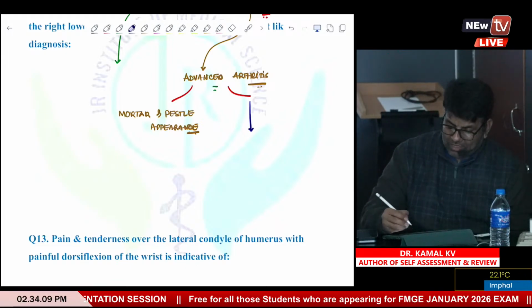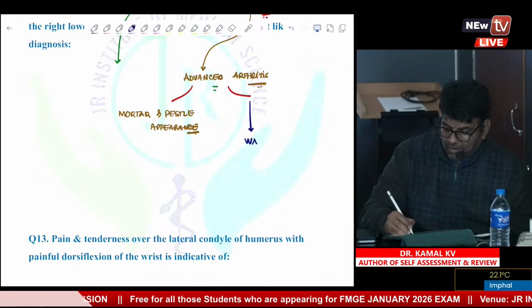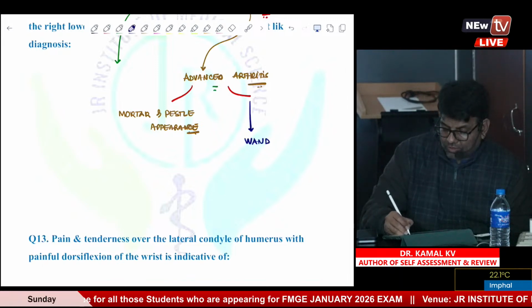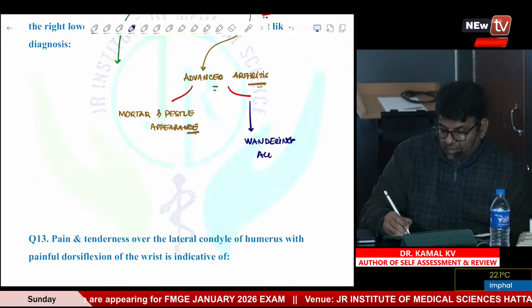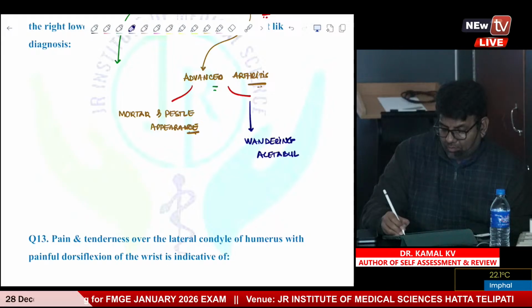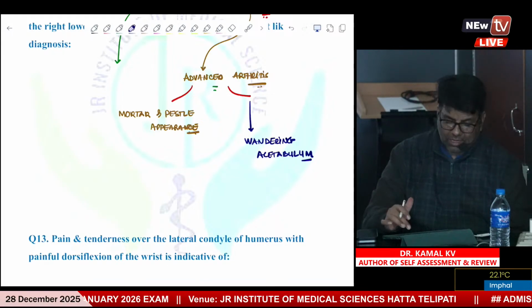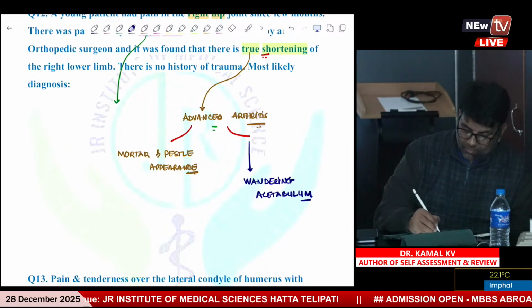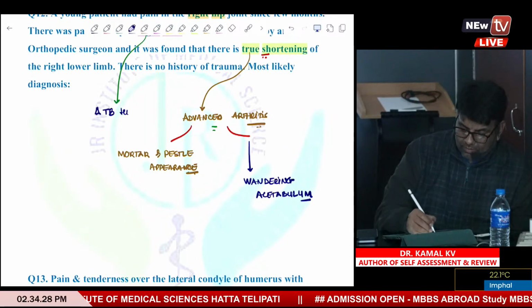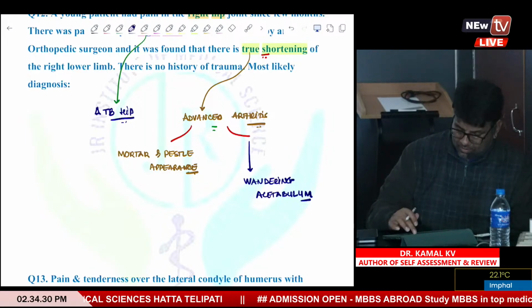Yes, so mortar and pestle. And another is wandering acetabulum. So just remember two terms: wandering acetabulum and mortar and pestle appearance in advanced arthritis. Clear? So this is classically a case of TB hip.